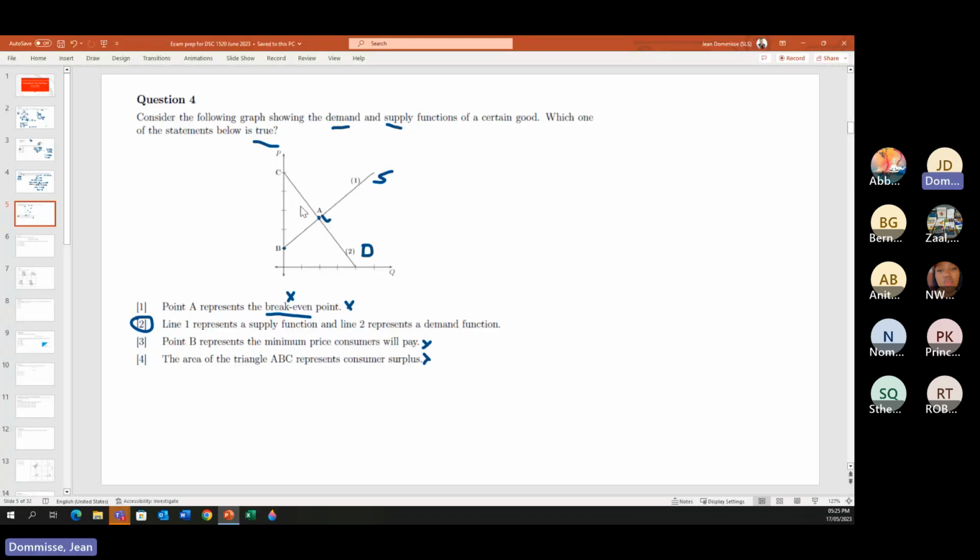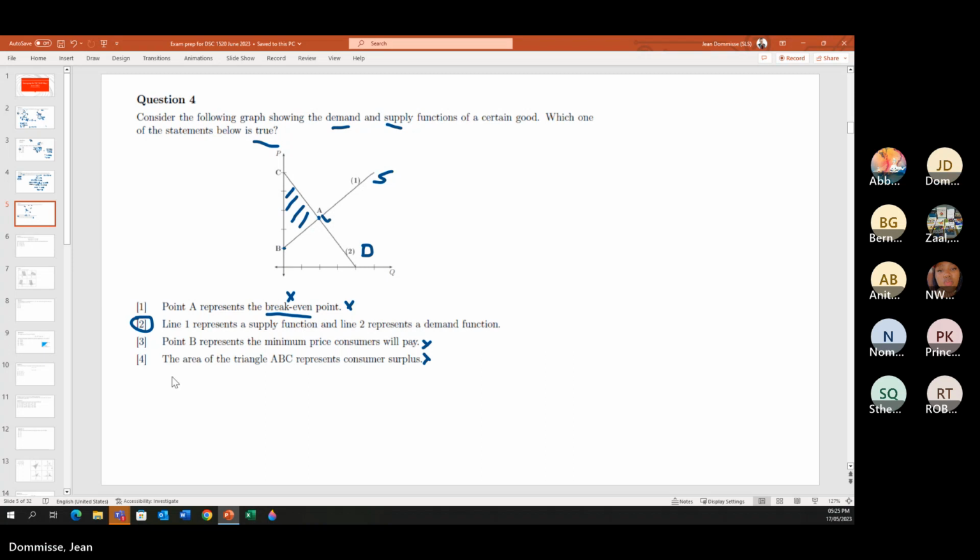Okay, so let's just check the area of a triangle. ABC represents the consumer surplus. So let's see, ABC. Okay, so what does that triangle represent? Is that shortage?